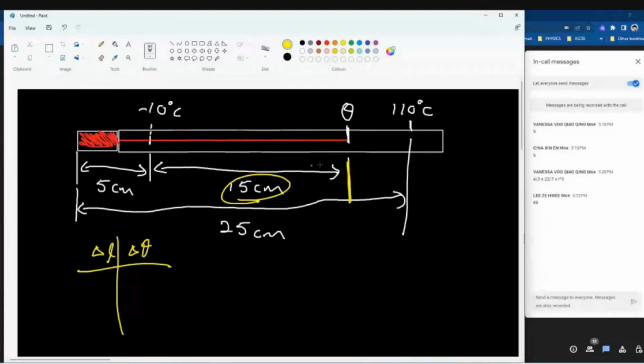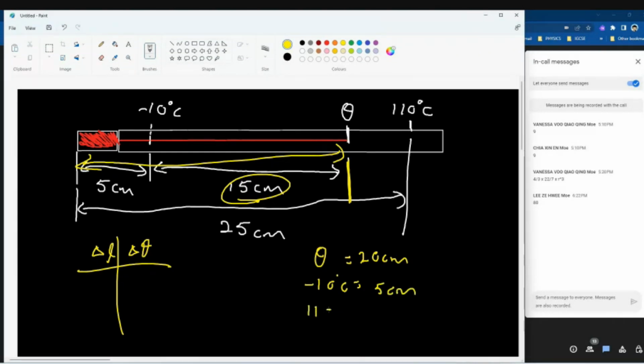Or you can take this one as the overall length here, 20. So at theta, you get a length of 20 centimeter. At negative 10 degrees Celsius, you get a length of 5 centimeter. At 110 degrees Celsius, you get a length of 25 centimeter.